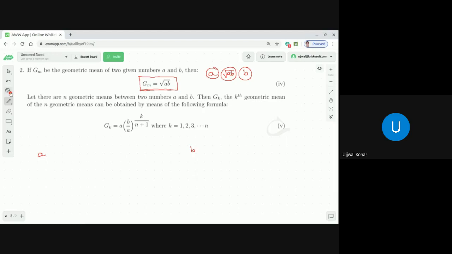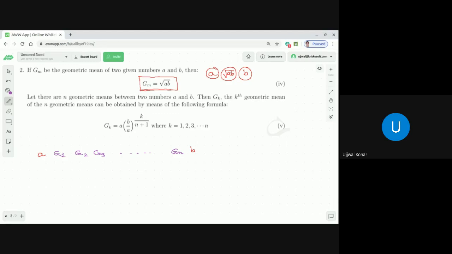So in that way, if you have two numbers, A and B, in between you can add geometric means. Correct or not? Yes. So this is G1, G2, G3. Recall, dear students? In that way it goes, and finally it becomes Gn. In between A and B, we have inserted n geometric means. Then what will be the kth geometric mean?